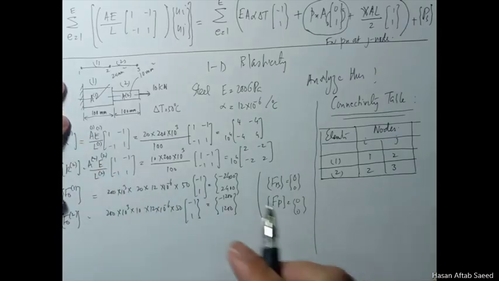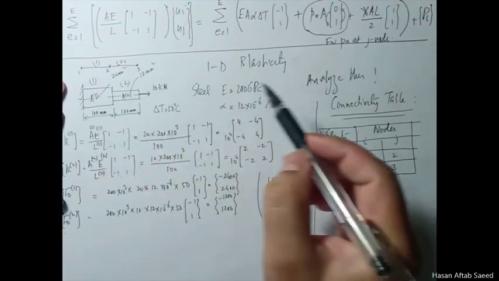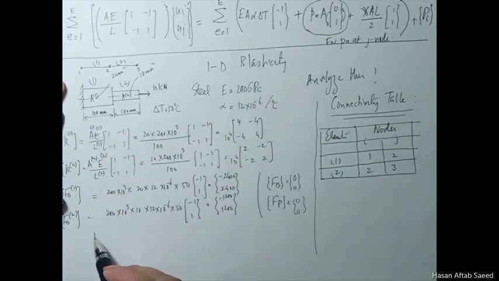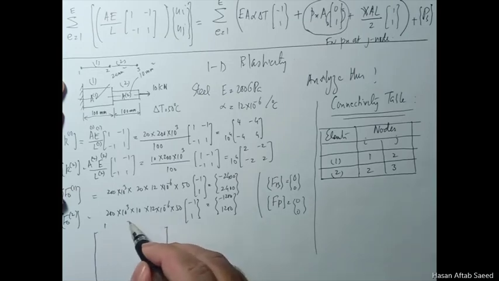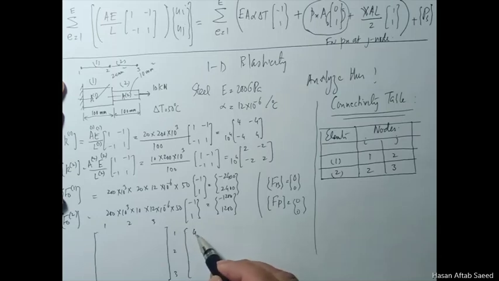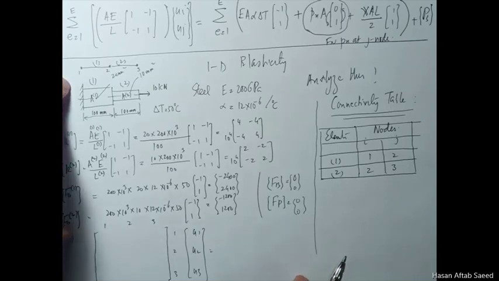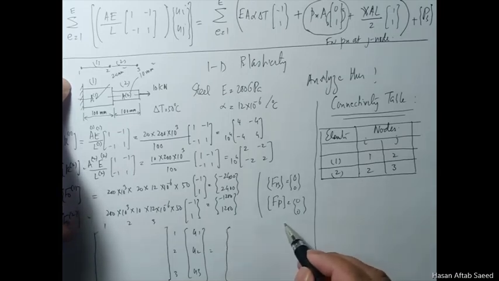So how to do this process, this assembly? Very simple. There are 3 degrees of freedom for this system. You simply make 3 spaces here, 1 2 3, 1 2 3. Here will be u1 u2 u3, and on the right hand side should also make 1 2 3.